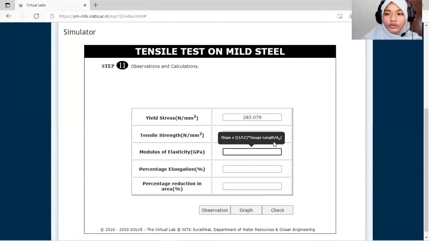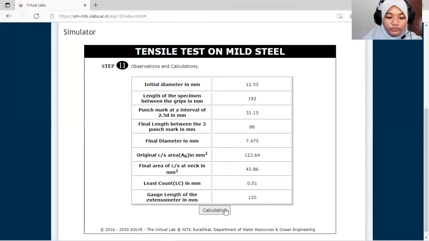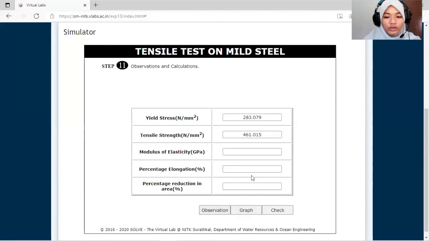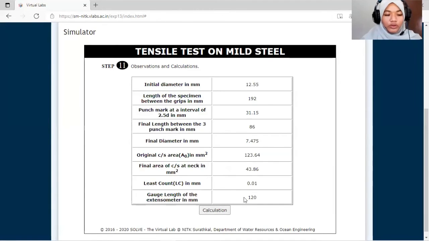So the slope is 2.18, multiplied with 1 over LC, 0.01, which is 218, and then the gauge length is 120 over AO.